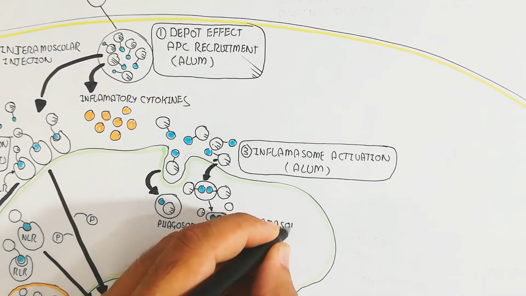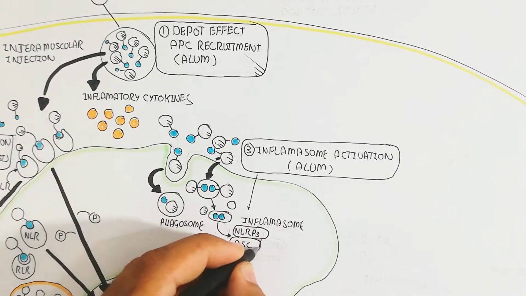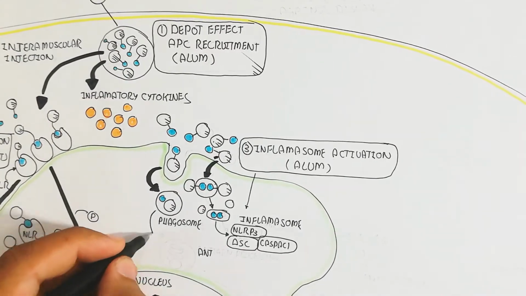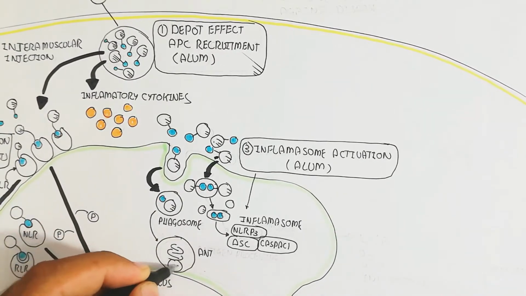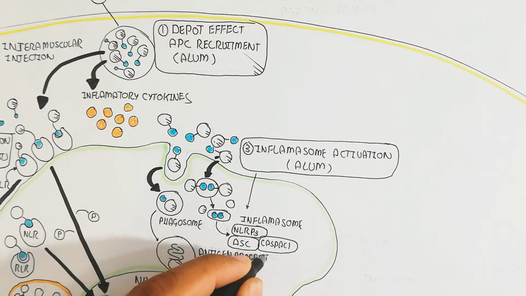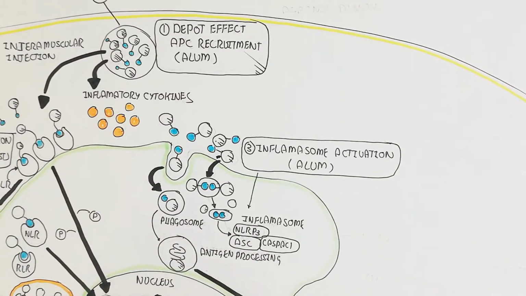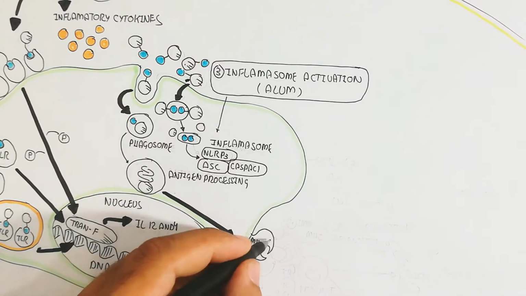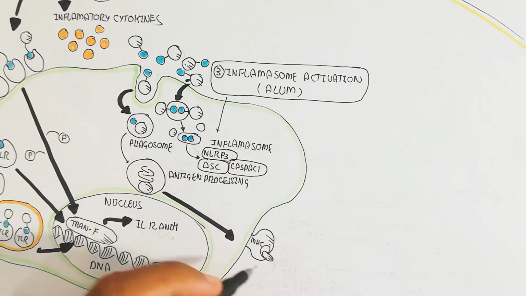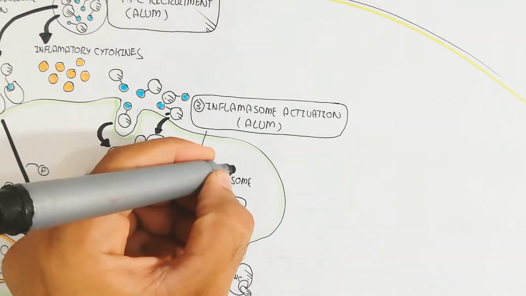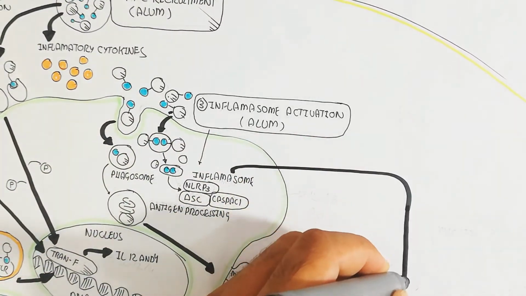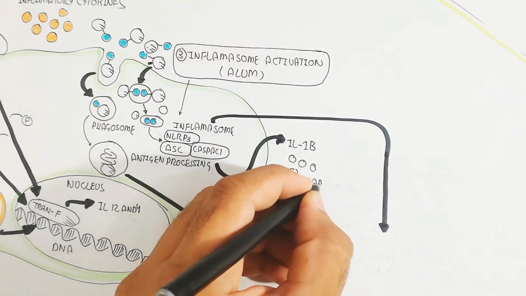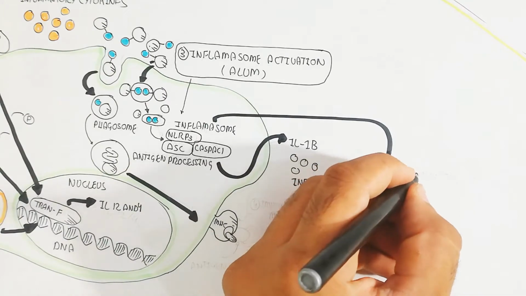Here you can see the inflammasome basically combines with the NOD-like receptor NLRP3, ASC and caspase 1 protein. This will lead to inflammation due to the inflammasome formation. While the antigen processing mechanism produces the MHC class 1 molecule, which shows the antigen, the inflammasome will produce interleukin 1 beta and cause inflammation.